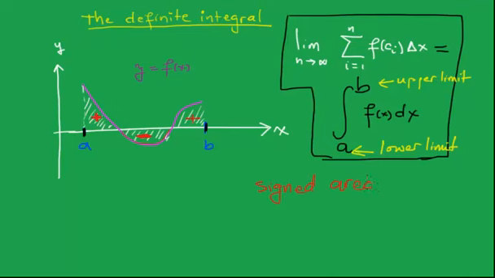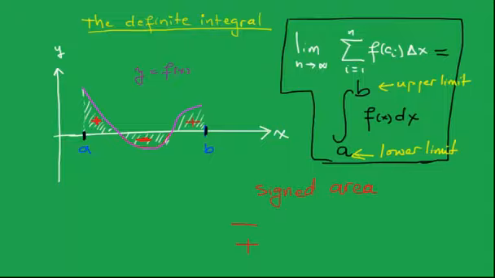So if you compute a definite integral, you get a negative number, it's perfectly normal. If you get a positive number, it's also perfectly normal. So a definite integral can be either positive or negative. It's not an absolute area, but a signed area. Now let's go over some properties of the definite integrals.